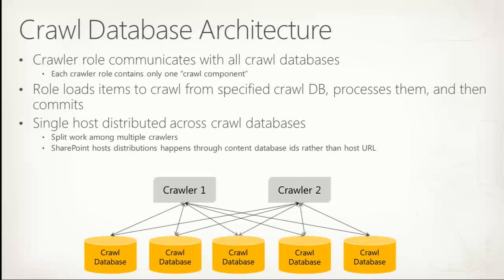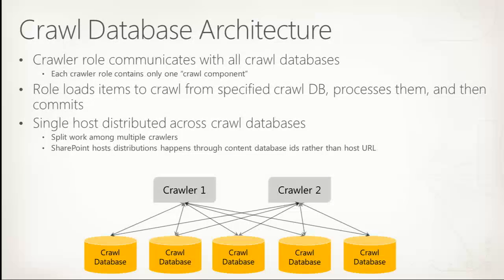So let's just switch gears here, and we'll go back to crawling a little bit and talk about another enhancement that has been provided. So many of you that have come through the long history with SharePoint know that there have been changes to how the underlying architecture has enabled better scalability.